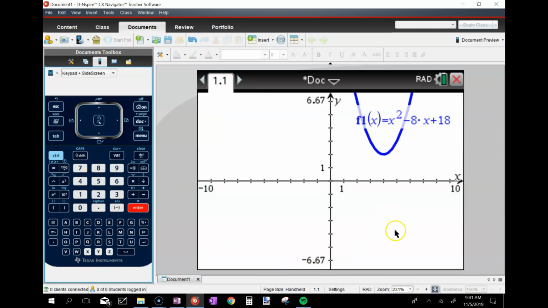Gives me this, okay? The vertex is right here, correct? How do I find it? Guys, you got to be able to do this. This is a guaranteed need to be able to find the vertex. So how do I find this value, this low point?